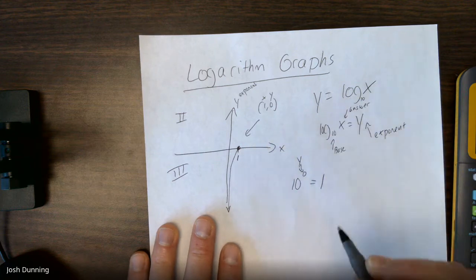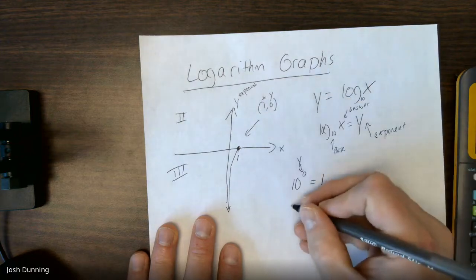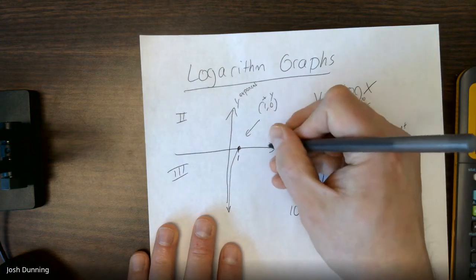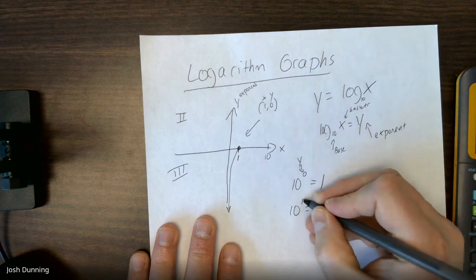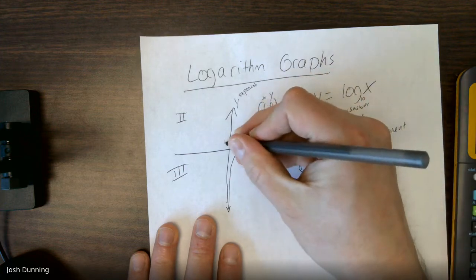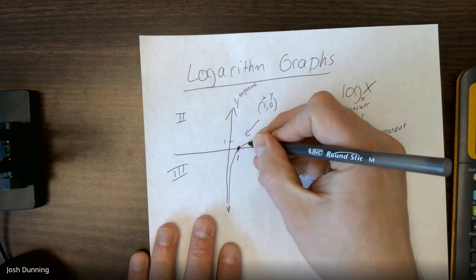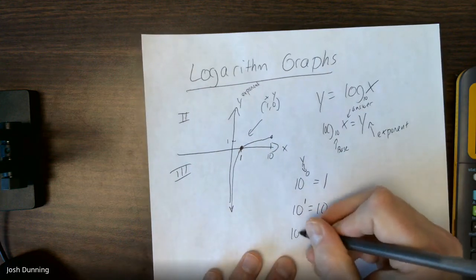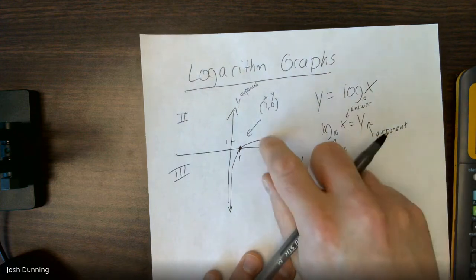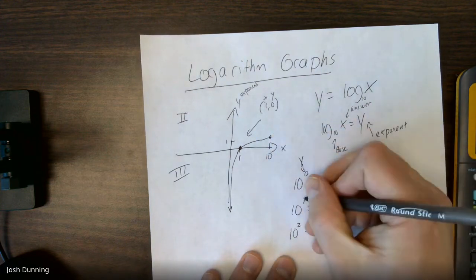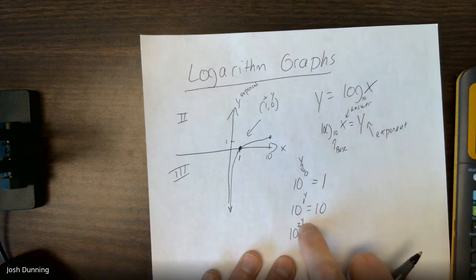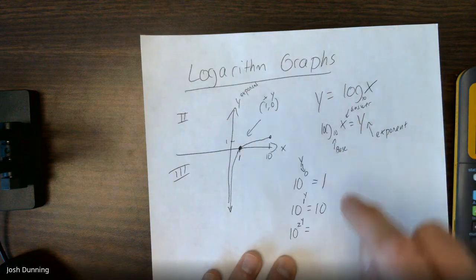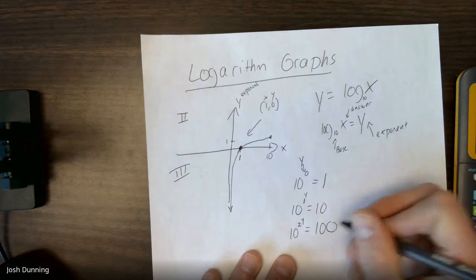The first whole number we're going to have is 10. 10 to the first is 10. The very next whole number I'm going to have, and remember, this is y, I'm not adding y into this equation here, the very next whole number for y, 10 squared, is all the way at 100.